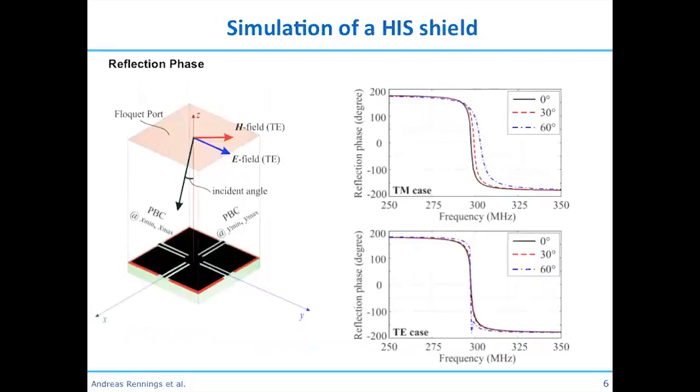So here in the lower left, you see the topology of the unit cell of this high impedance surface. It includes three metal layers. Here the lower one would be the backside ground plane. Then we have here in red floating metal layers, and here the top metal layer in black.